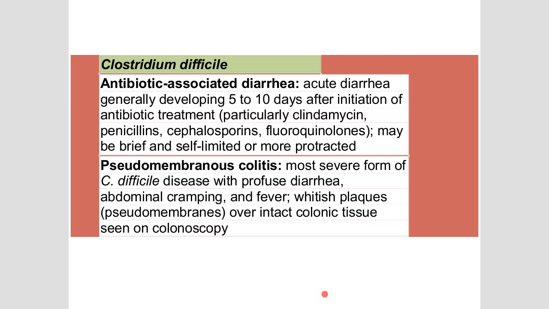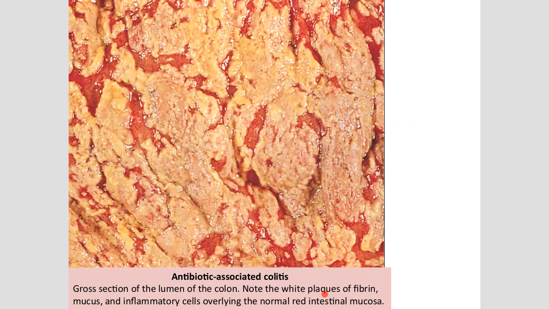When it does so, it forms a pseudomembranous colitis, which is a crampy abdominal situation with fever. What is the plaque? We call it a pseudomembrane, and you have to look at a colonoscopy to see how it looks. This is what you can see here: the colon of people who have antibiotic-associated colitis.